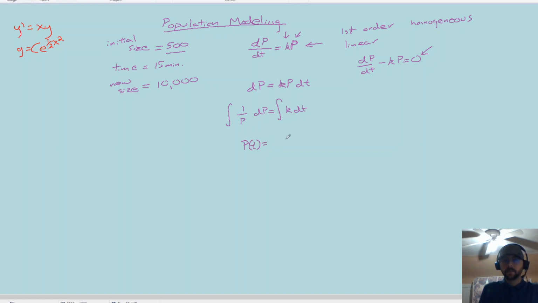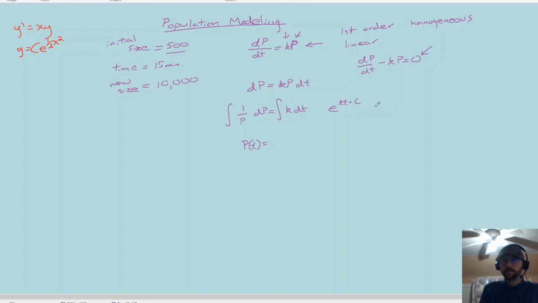So p equals, and then on this side, the integral of k with respect to t is k times t. Then we raise this side, you need to keep the plus c. So k times t plus c. We're going to raise e to the whole thing. I'll scribble this over here. e to the k times t plus c.